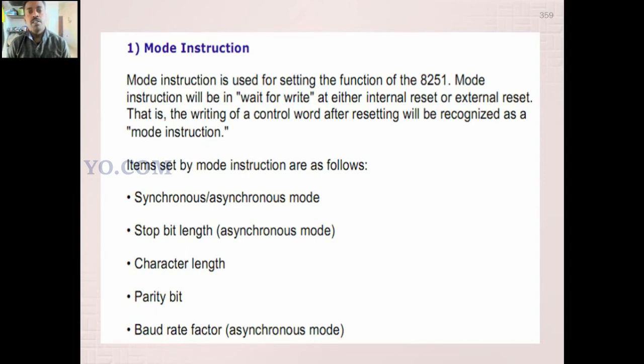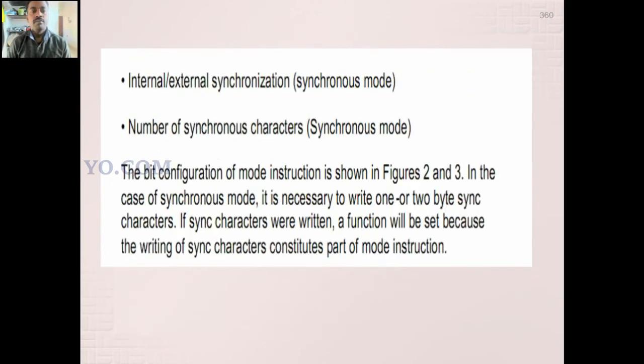Asynchronous means the transmitter and receiver operate at different frequencies. Stop bit length: in asynchronous mode, how many stop bits are needed is indicated by this mode instruction. Then character length, how many characters we transmit per frame. Then parity bit and baud rate factor are also considered in the mode instruction.